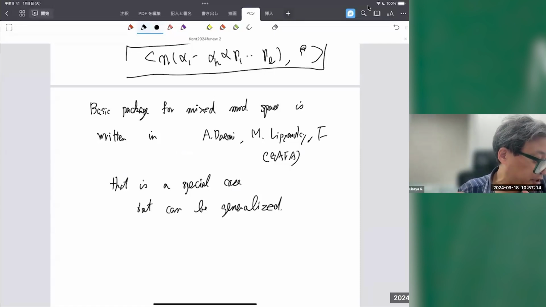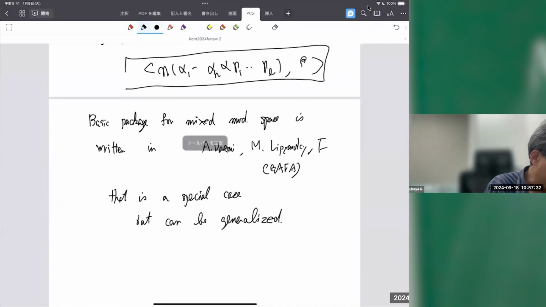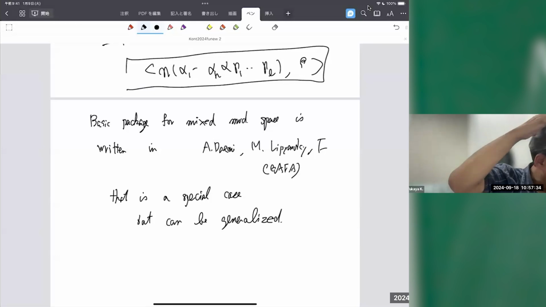And that is a much simpler case. But we include many other invariants, but basically the main part is the same. So we can just make it a bit more general so that this moduli space has a good structure. You can count it. Okay. And of course, this is based on Lipiansky's earlier paper.